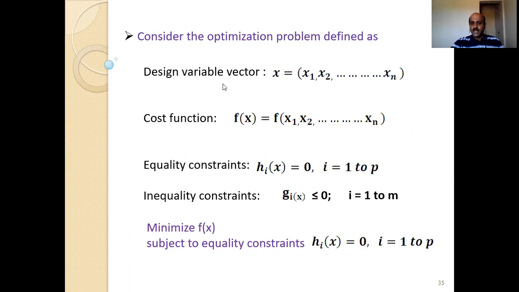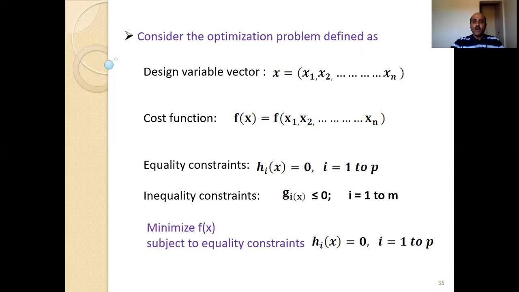Here we have a design variable vector x, which varies from x1 to xn, and we have a cost function f of x, which is a function of x1 to xn, and we have considered the equality constraint hi of x equal to 0, where i is equal to 1 to t. Only these three we considered for discussing the Lagrange multiplier theorem, because that is applicable only for equality constrained problems.